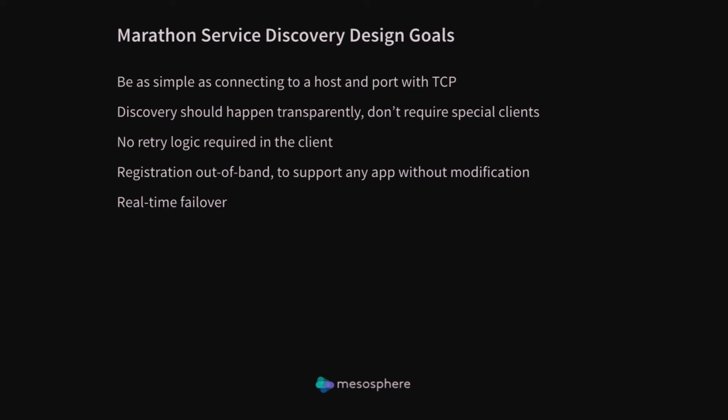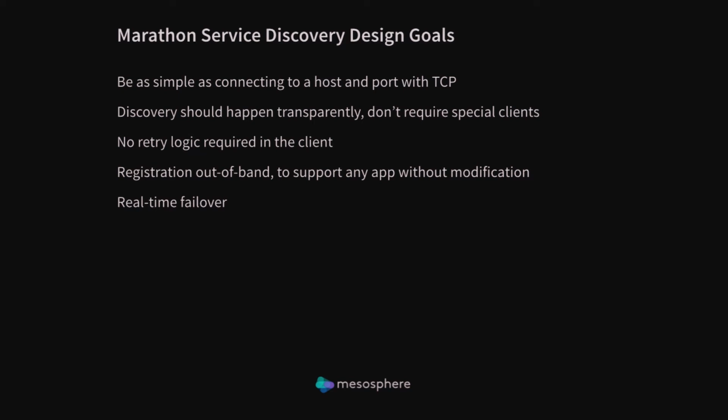And discovery should happen transparently. A lot of service discovery systems require you to use a special client. That's really horrible. First of all, you have to change your application to add that client, if you're lucky enough that there is one for the language that you're using. You have to maintain the clients also in all the different languages. So there's a lot of overhead. So we didn't want to do that.